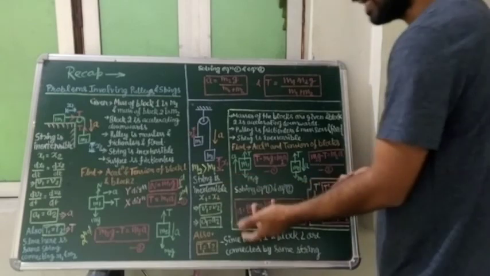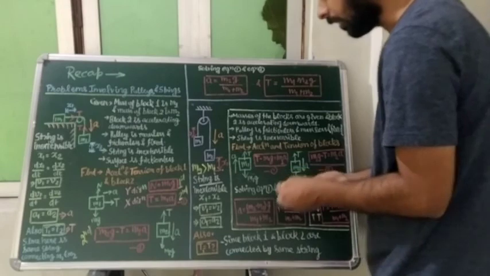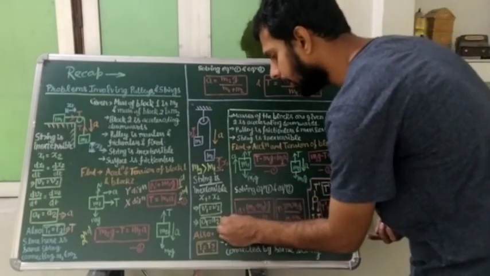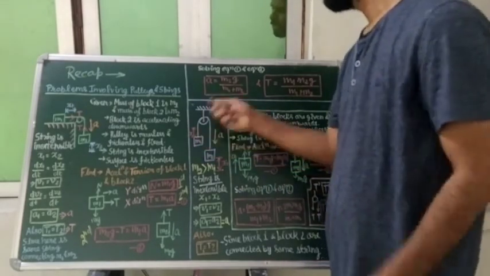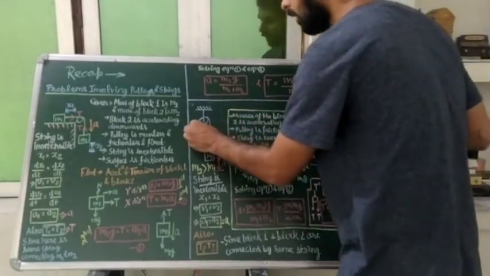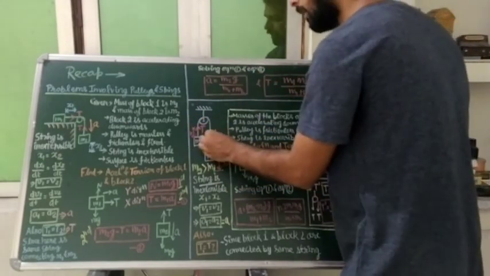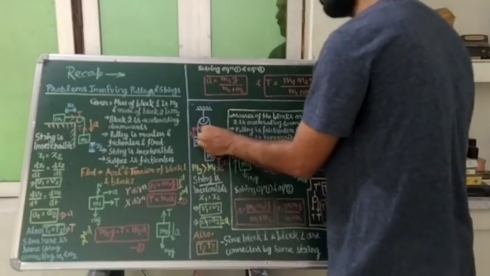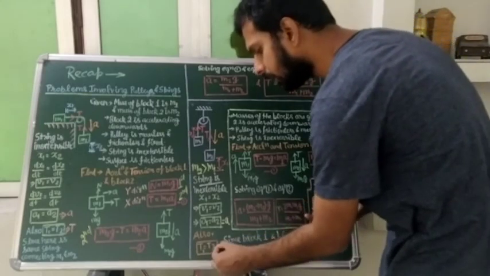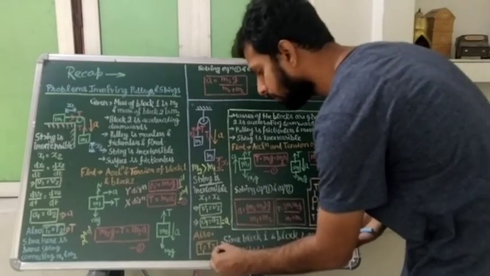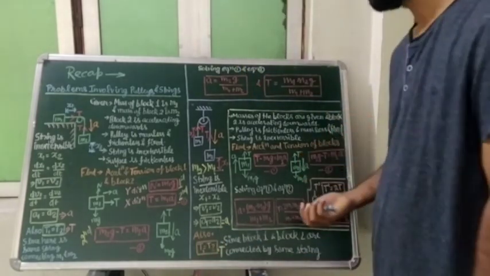So A1 will be equal to A2, and we say this is equal to A here. And also, student, whatever tension acts here will be along the string and have a pulling effect, and here also it will be along the string and have a pulling effect. So whatever tension acts will also be equal to T, capital T. Why is it the same?